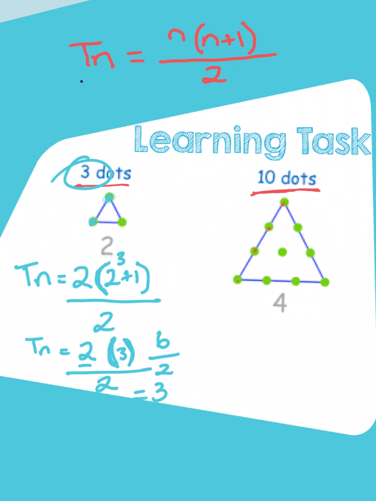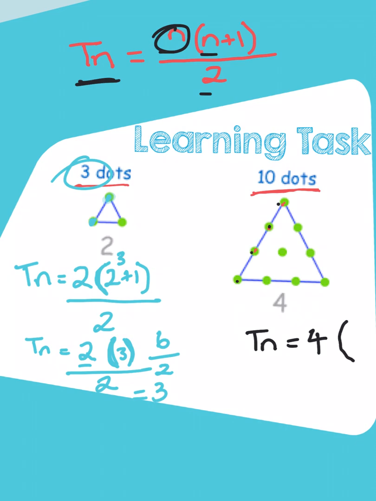I'm looking at my formula again, that is Tn equals n, open bracket, n plus 1, close bracket, over 2. So Tn equals, and I'm substituting my n up the top with how many dots I've got on the side: 1, 2, 3, 4. So I've got 4.